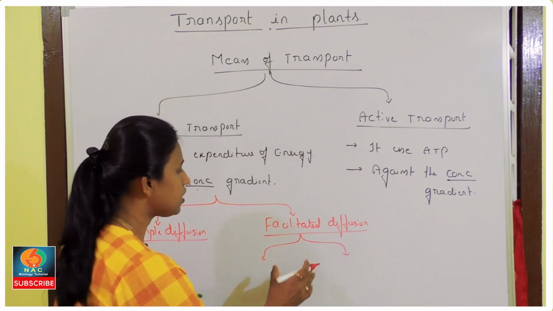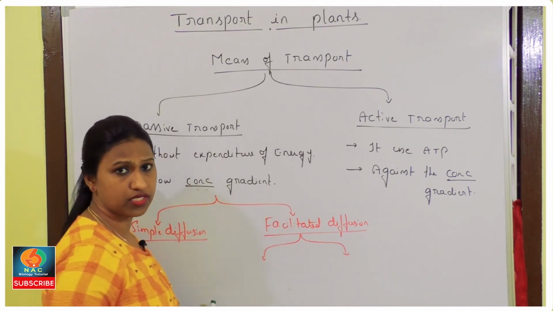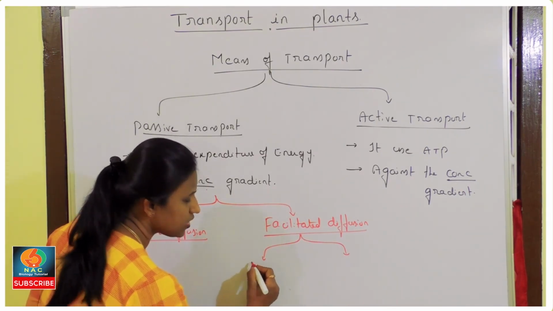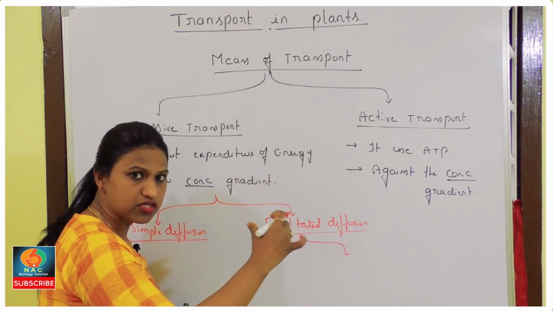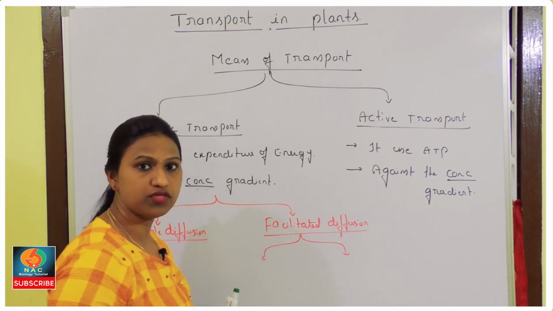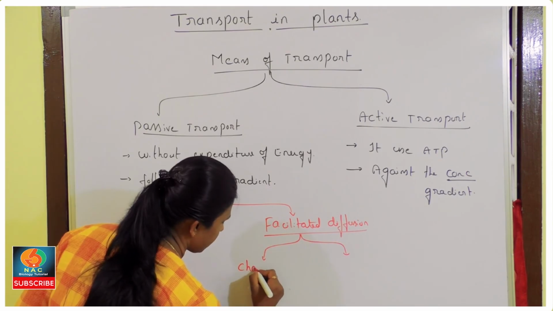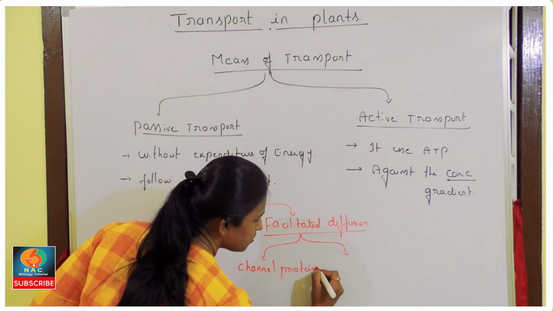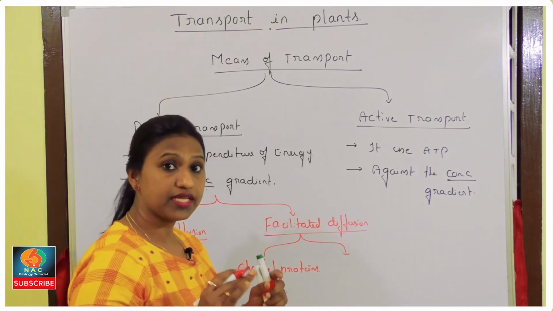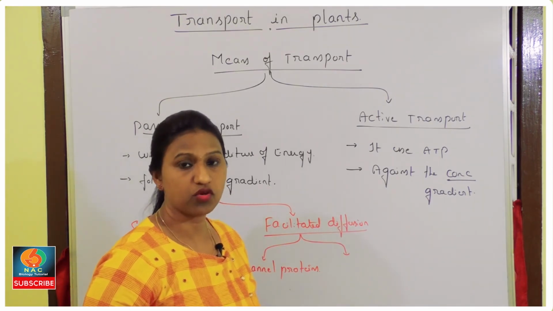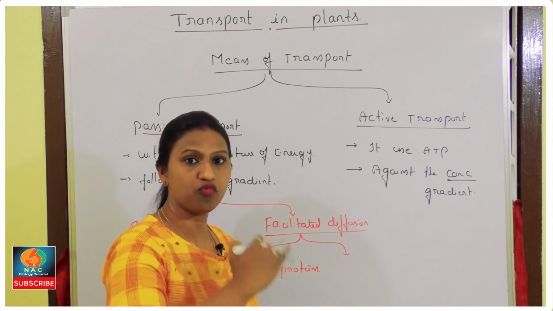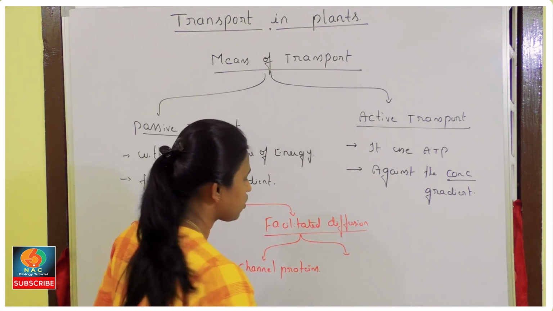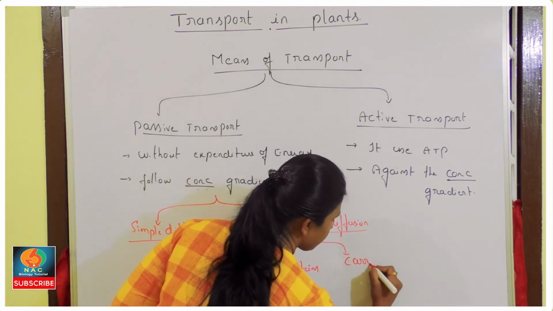Who is facilitating here? The proteins. If the proteins are like channels that allow the movement of the molecules, we call them channel proteins. Or if the protein molecules can change their shape so that the molecules are able to move from one side to another side of the cell, we call them carrier proteins.